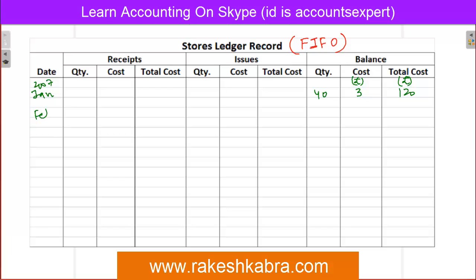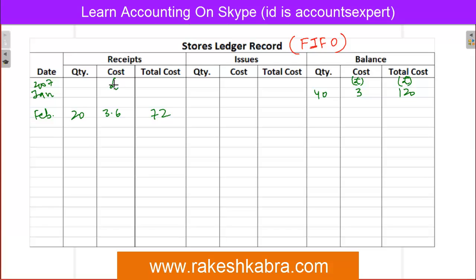In the column for receipt I will write 20 units, and the per unit cost is £3.6. So what is the value? 20 units multiplied by 3.6, so the value will be £72.